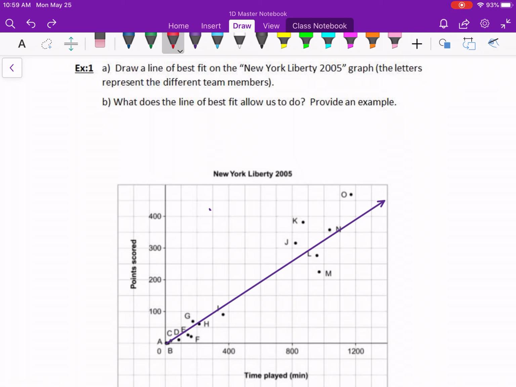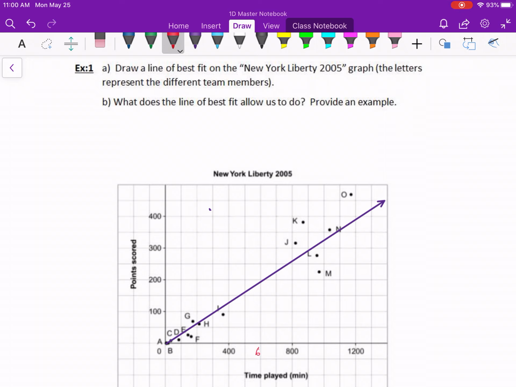What does the line of best fit allow us to do? Well, it lets us make predictions. Say maybe they have this New York Liberty in 2006. Then I can predict, based on the previous data, if someone plays for 600 minutes, how many points should I expect them to score?